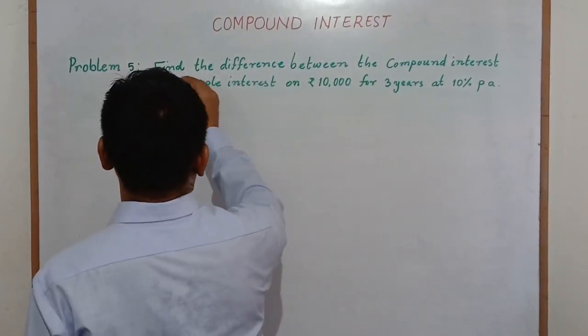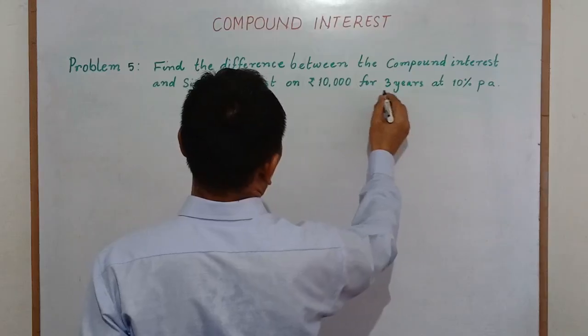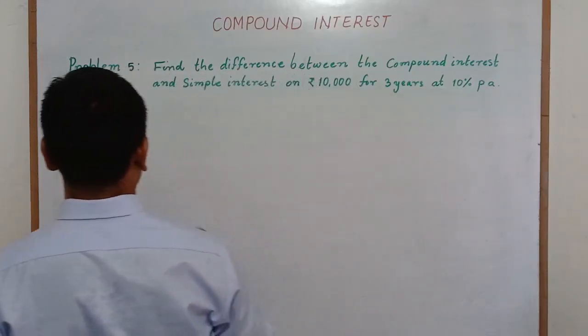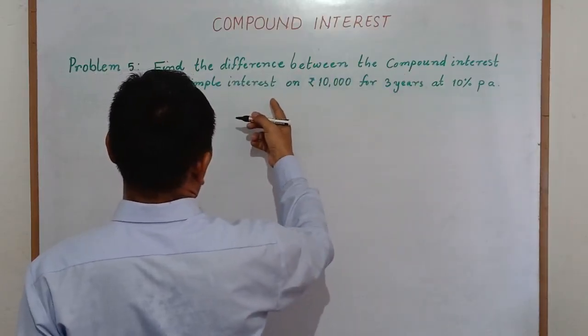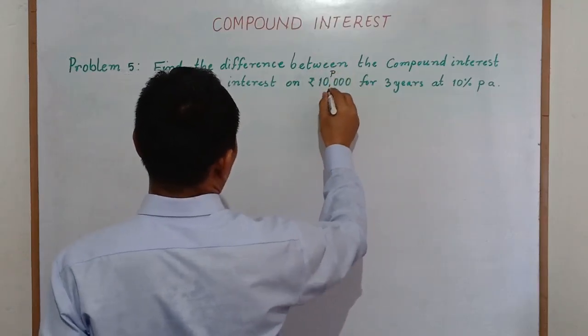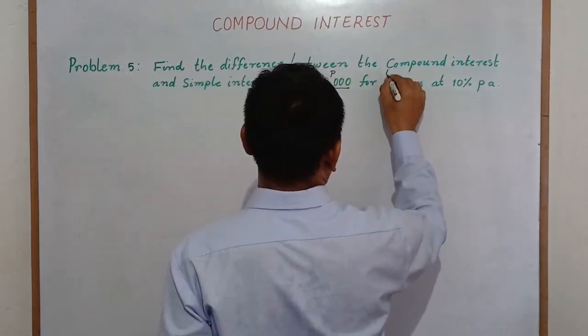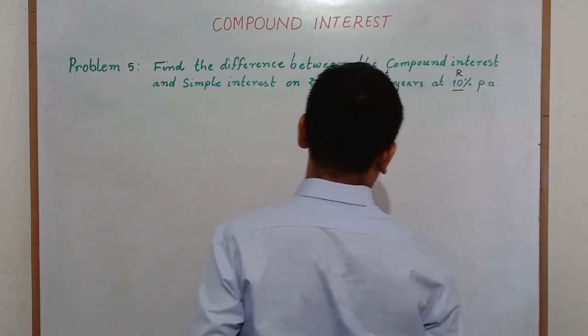Problem 5. Find the difference between the compound interest and simple interest on rupees 10,000 for 3 years at 10% per annum. So principal is 10,000, time is 3 years and rate is 10% per annum.